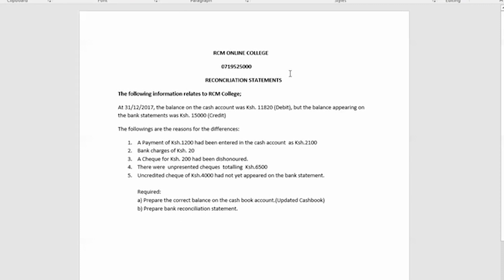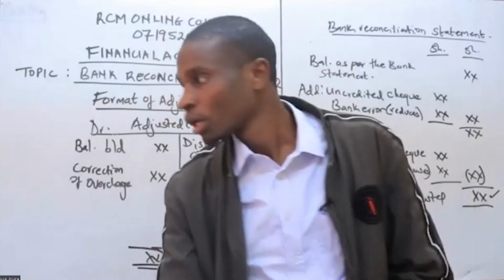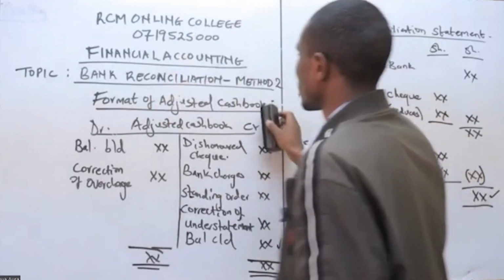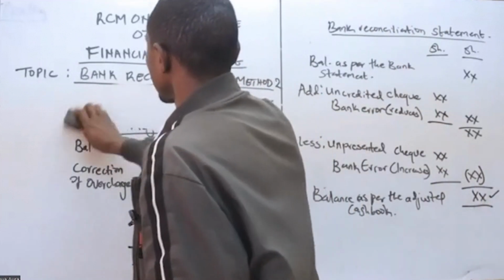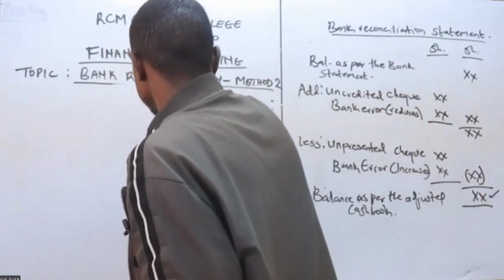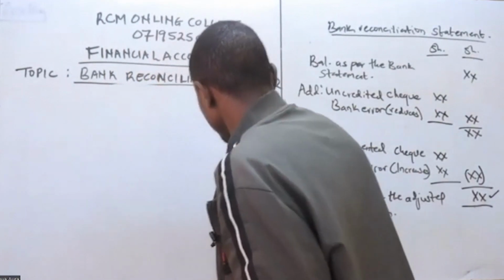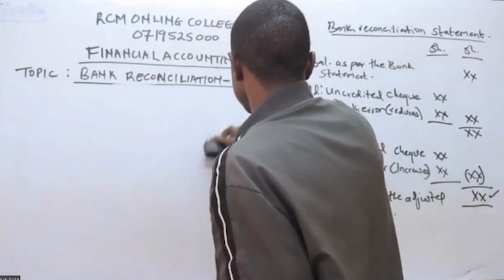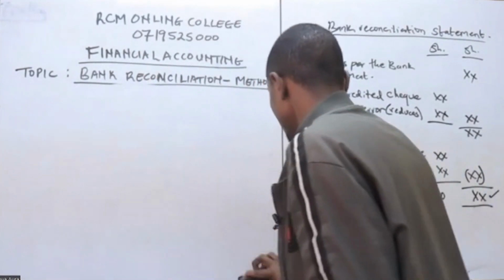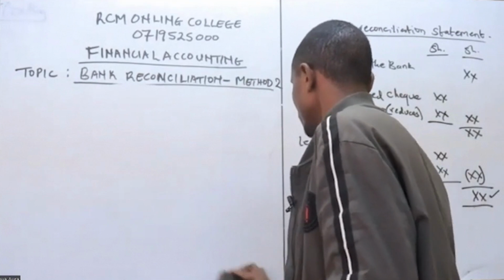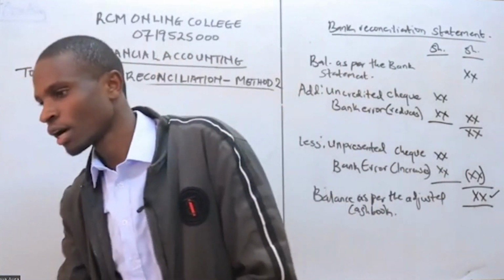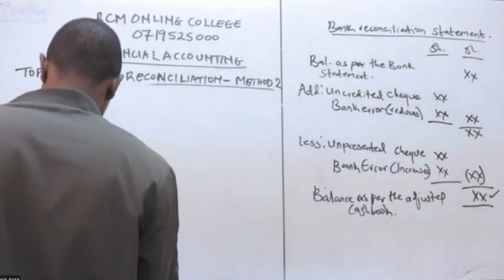Let's see the position that we are expected to come up with the solution. So let's have the solution. We start with the adjusted cashbook.